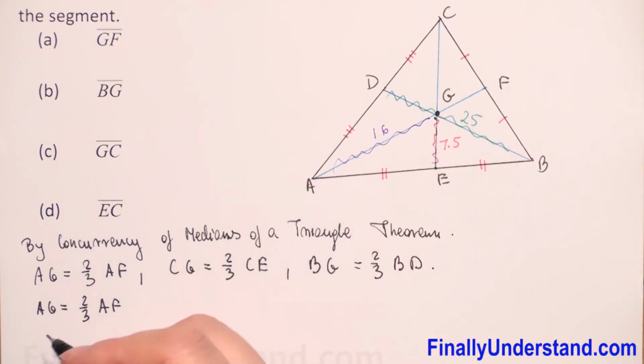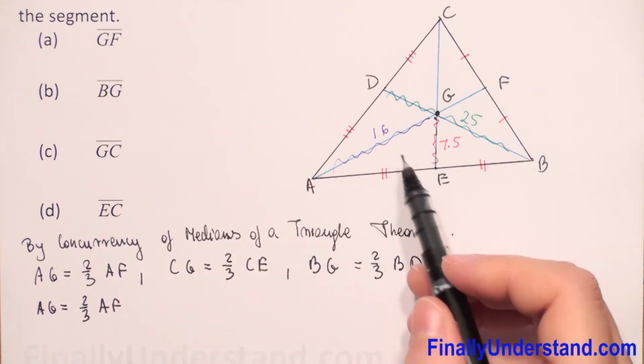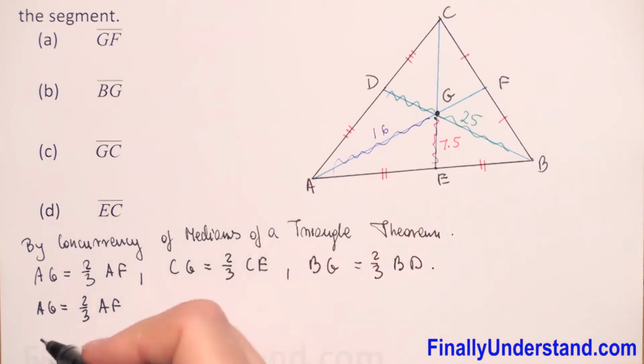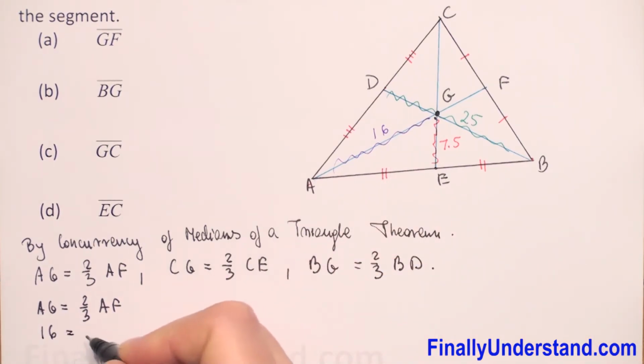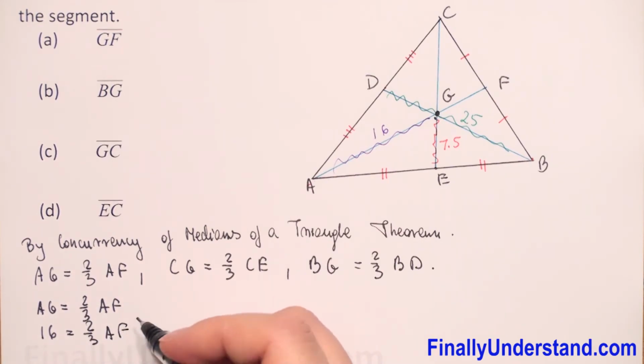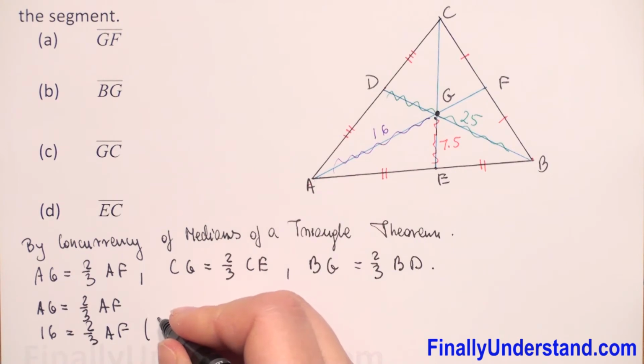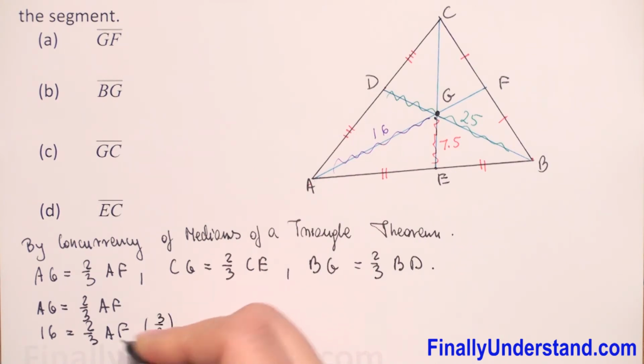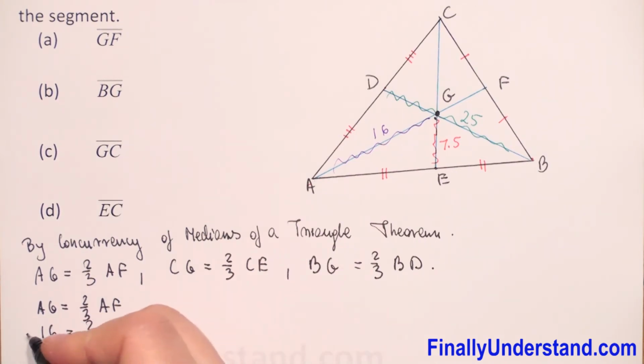So we can write that. We can substitute AG by 16 because we have given this. 16 is equal 2/3 of AF. So now if we multiply both sides by 3/2, we will reduce this fraction.